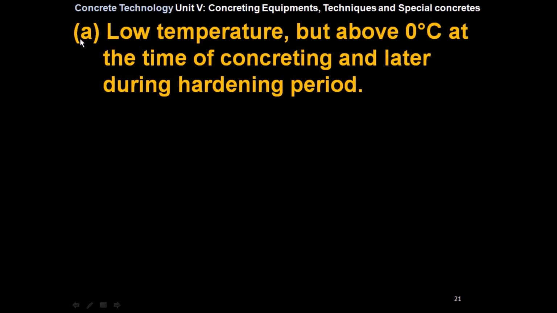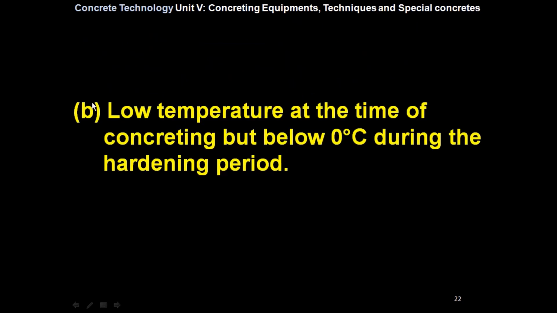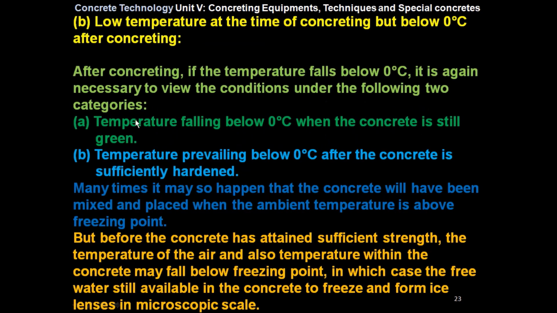So we have seen the first, the low temperature but above 0 degree at the time of concreting and later during hardening period. Now we will see the second, low temperature at the time of concreting but below 0 degree Celsius during the hardening period.